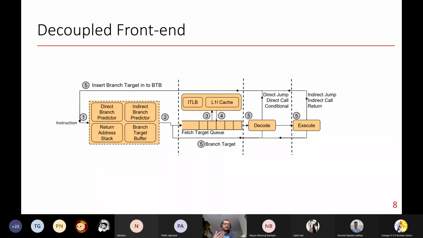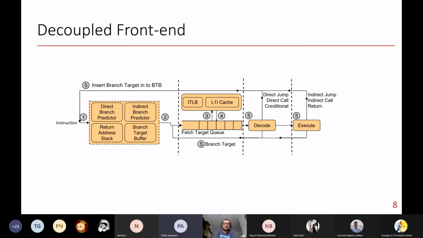Your processor decides, okay, in every clock cycle I will fetch, let's say, k number of instructions. You feed those instructions into this branch predictor. If it is a normal instruction, then there is no need of going through this. Okay, sir, understood. It will continue. But the moment you get a BTB hit, that means it's a branch, and based on the prediction, you will know whether it will be taken or not taken, and based on that, you populate this particular queue.